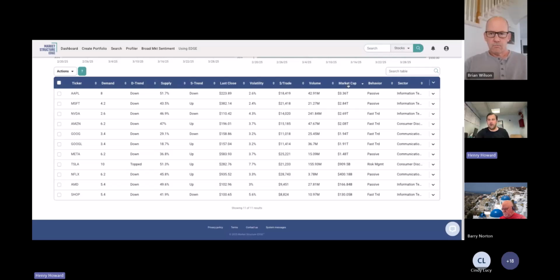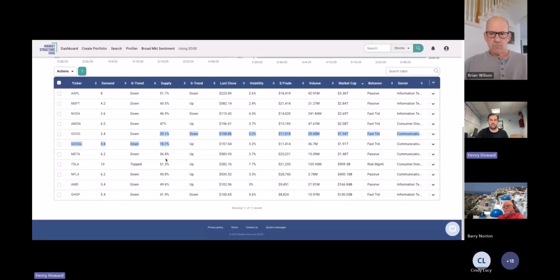So I'll sort these by market cap. I've been saying for a while that Apple's not doing well, even though it was rising. What's interesting, and what I want to point out, is this demand trend. You'll notice in demand, all of these stocks are down. Tesla's topped. What's wild is these are relatively low short volumes.